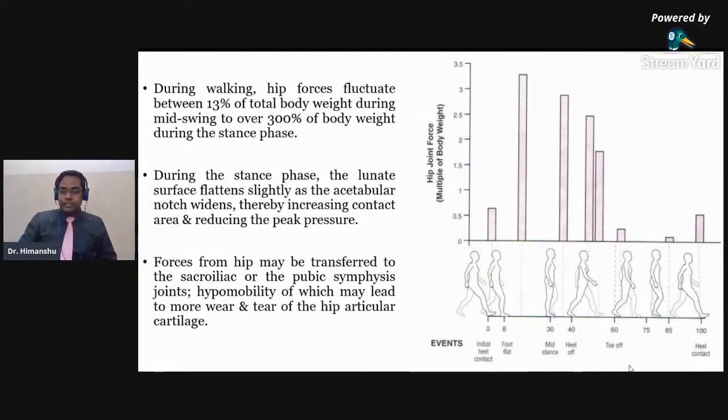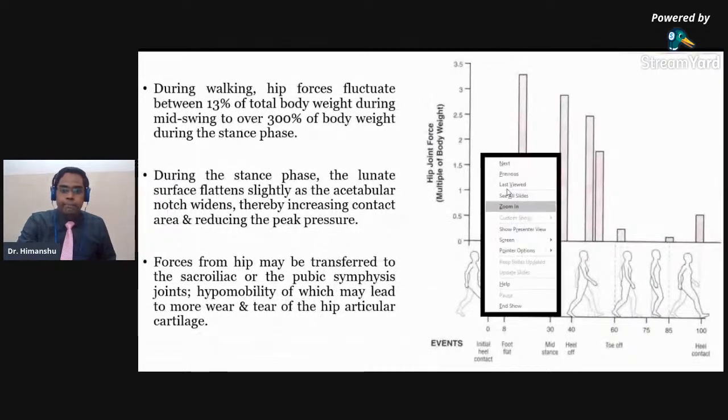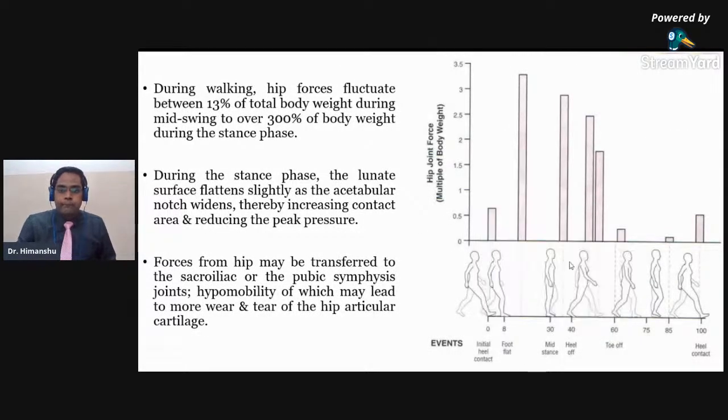You can see the graph and the picture shown on the right side of the slide. If the patient is in the mid stance phase, the graph rises up.